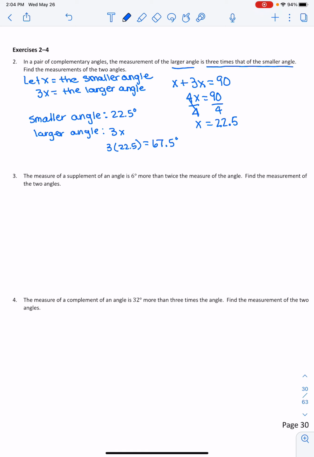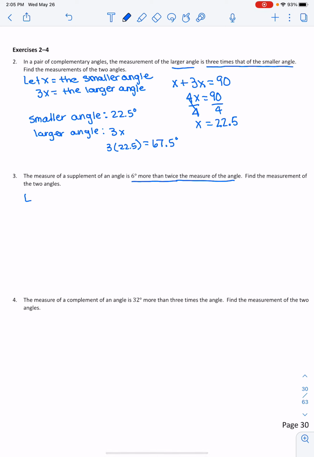Our next problem: the measurement of a supplement of an angle is 6 more than twice the measure of the angle. Find the measurement of the two angles. So again, we have to have our let statement.